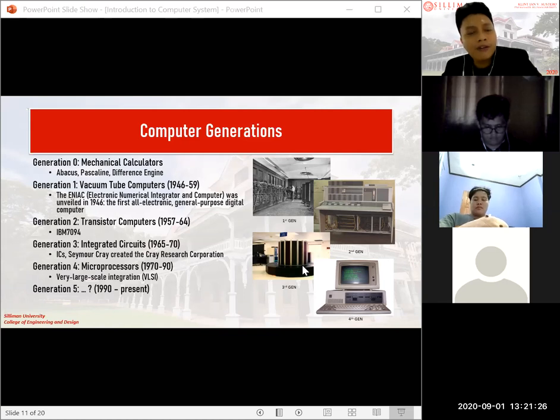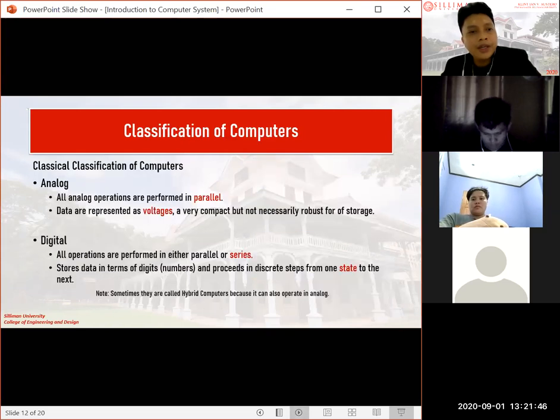We started off with the abacus, mechanical computers, then later on we discovered electricity, then vacuum tubes, then transistors, then integrated circuits, and now we have what we see in front of our desks, our computers today. Okay?